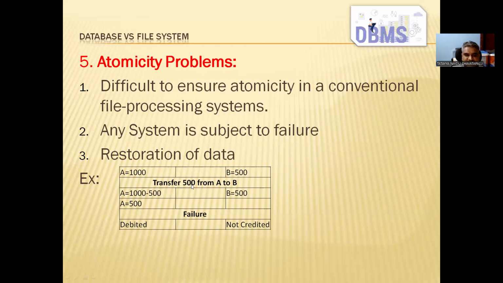A transfers 500 rupees to B. Now A has 500 rupees balance. If the system fails here, A is debited but B is not credited. This is called the atomicity problem.